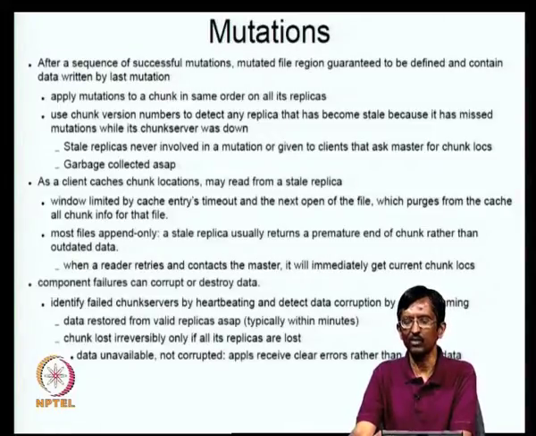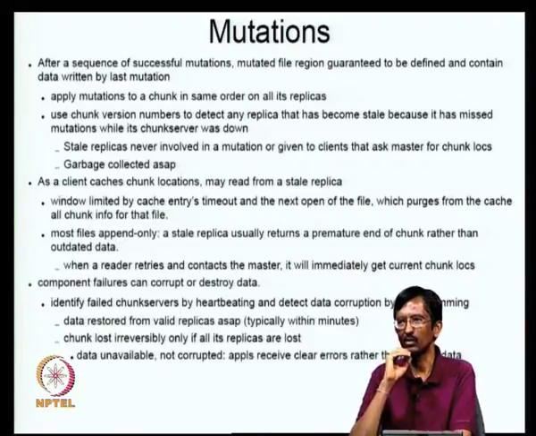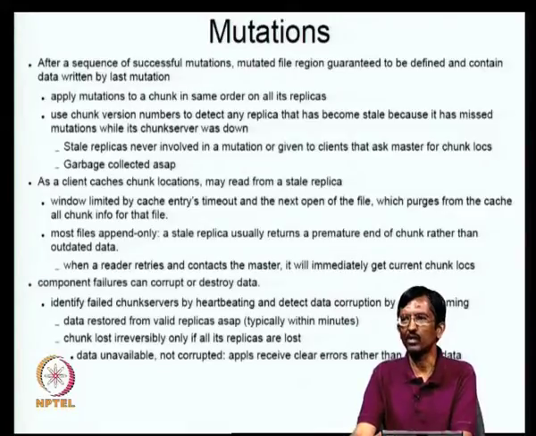And one other thing is that GFS is happening at the application level, right? This is closer to an application level system. So the checksum is happening close to the application level. That means the checksum covers both disks as well as the network and all the transfers that are happening. So this is closer to an end-to-end design.